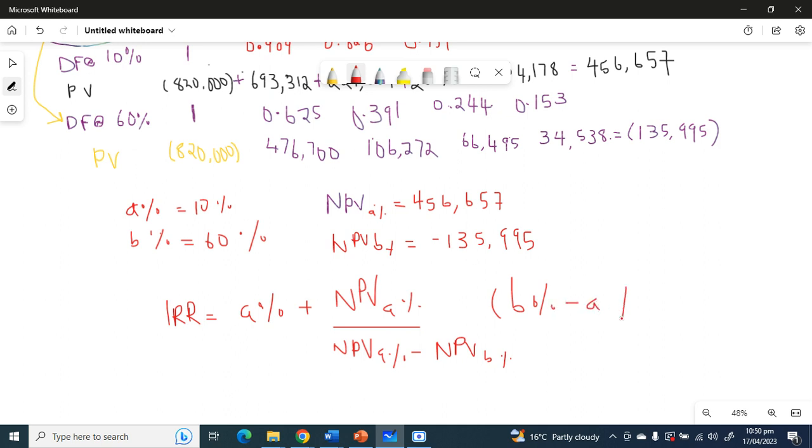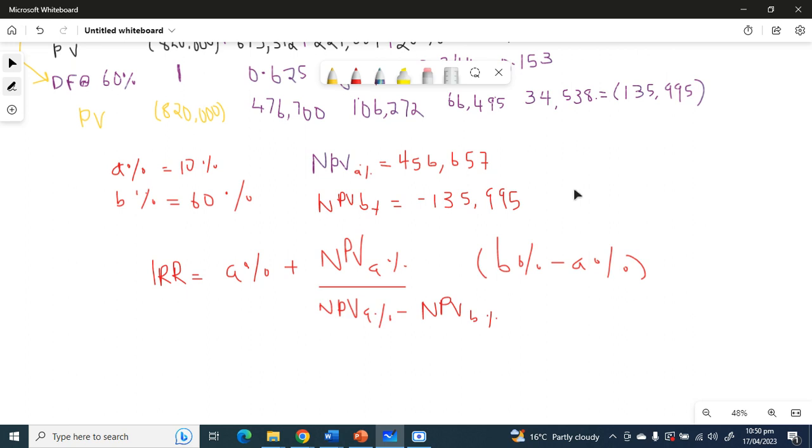So we substitute so that, if our internal rate of return, we're going to be comparing it with our cost of capital, the weighted average cost of capital we calculated. If our internal rate of return is greater than our cost of capital, we accept. If it is less than our cost of capital, we reject.